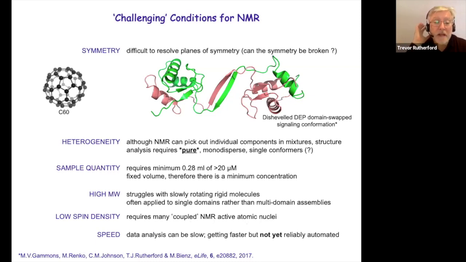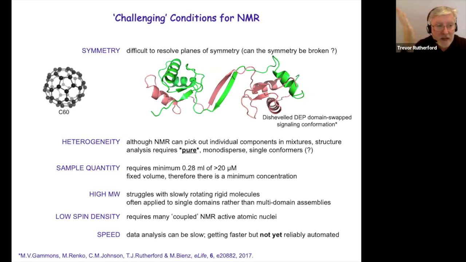And it's worth saying that the speed of data analysis, certainly for structural work in NMR, can be relatively slow in comparison to crystallography. If you want to know the three-dimensional structure of a protein, on every occasion you would recommend going for crystallization if it ever will crystallize.